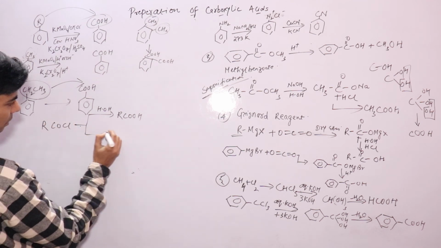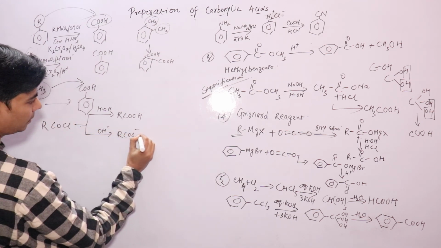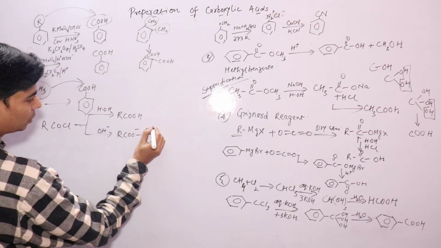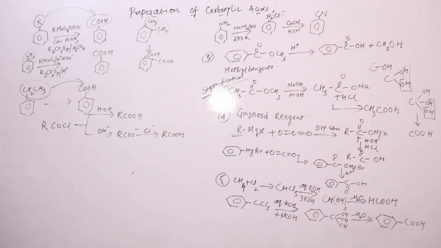With base, it gets readily hydrolyzed to give carboxylate ion, which will undergo acid hydrolysis to form carboxylic acid. Similarly, if you take acid anhydride, that will also undergo hydrolysis to give you carboxylic acid.